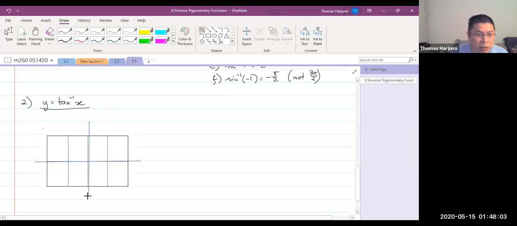The same reason, because tangent is an odd function. Between negative pi over 2 to pi over 2, it will be 1 to 1, as long as it is 1 to 1.